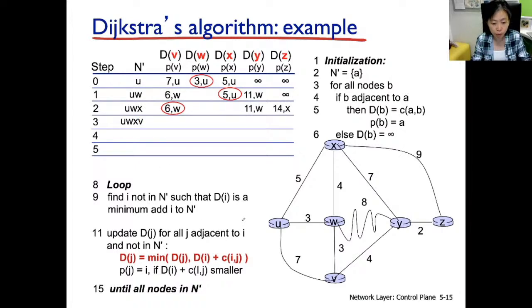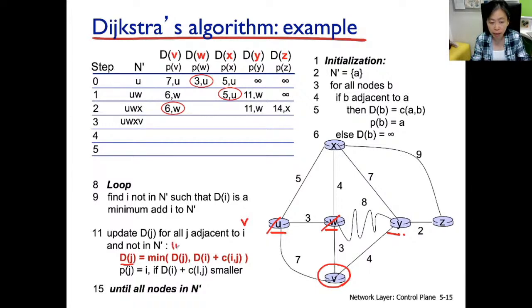And therefore, the I is V. We'll go over all the adjacent nodes of V, which includes U, W, and Y. U and W are already in N prime, so that excludes them. The only node that we need to actually update the d for is Y. So we'll be updating dy.